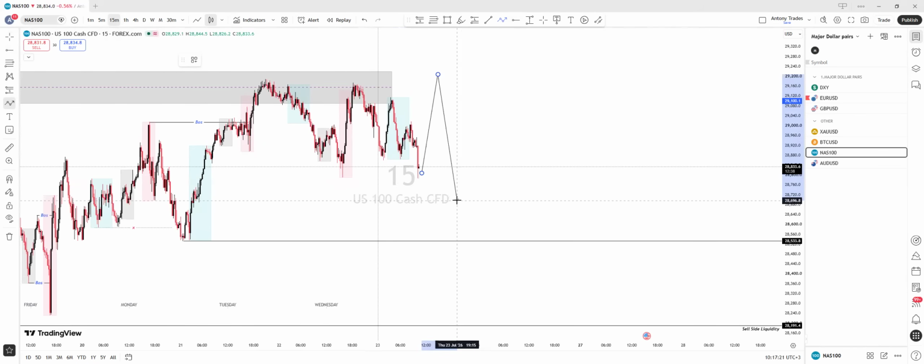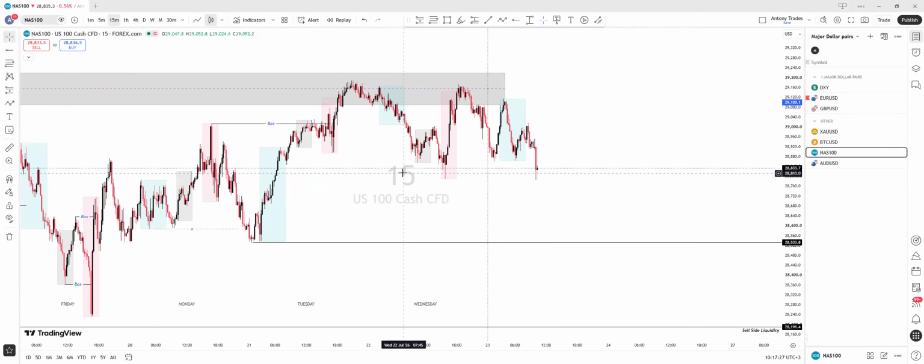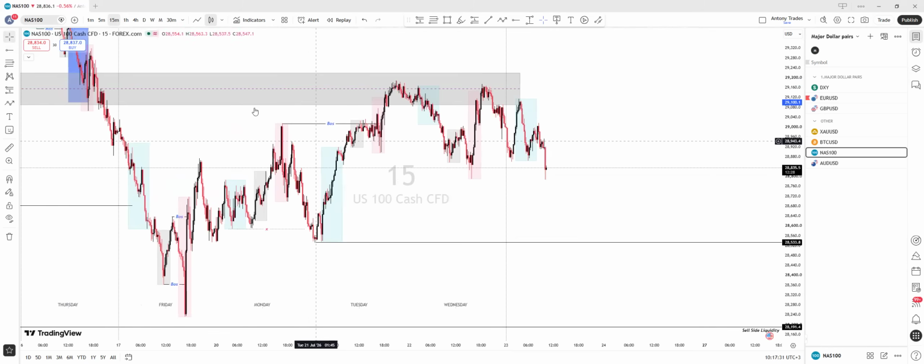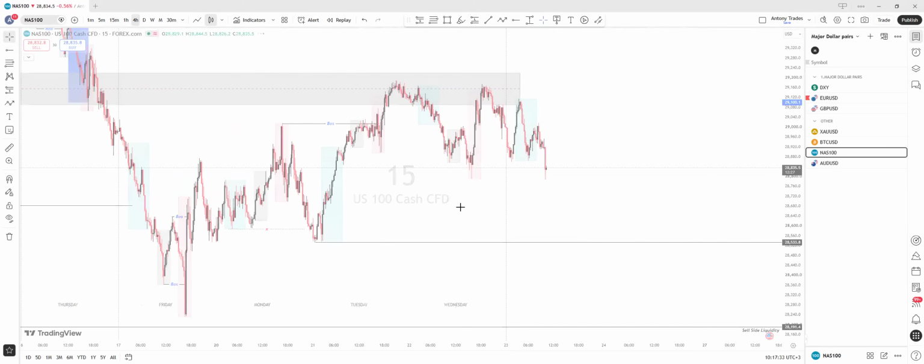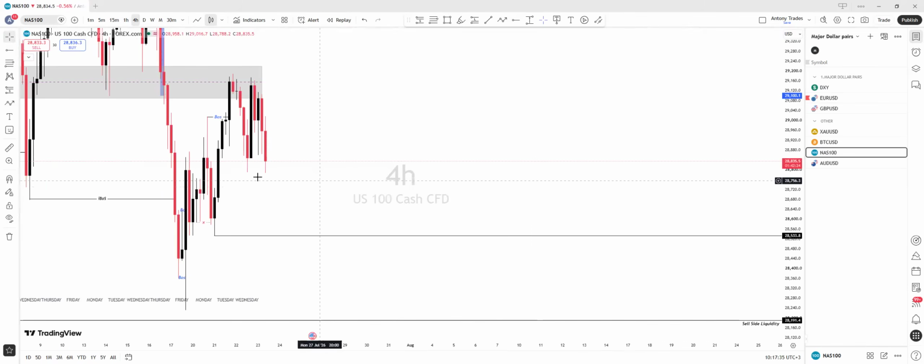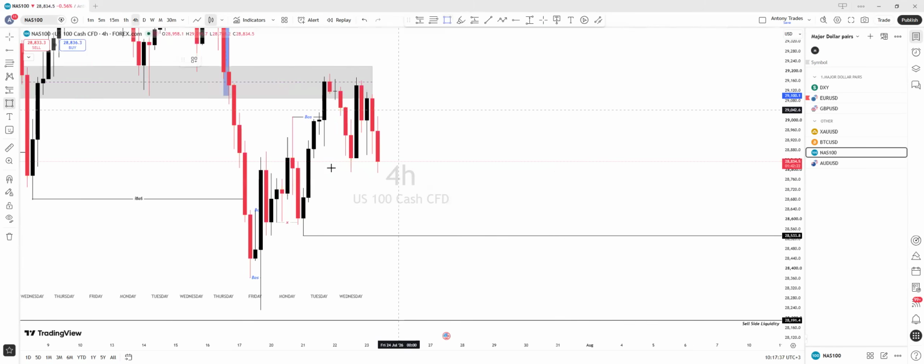Once it gives us that change of character, I look for selling opportunity from that area. But as of now, because I trade what I see, what are we seeing? We go to the 4 hour. Once we arrive at the 4 hour time frame, we have this very nice, massive fair value gap here from the 4 hour time frame.